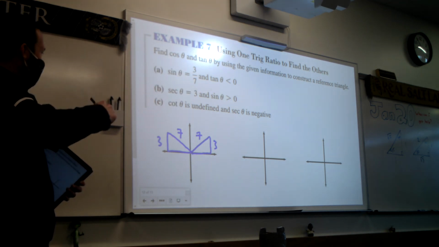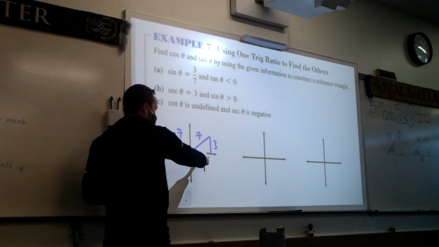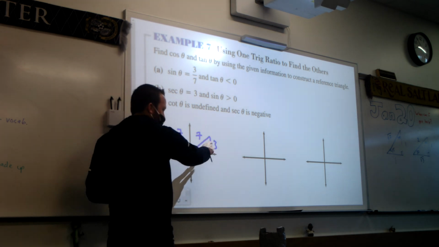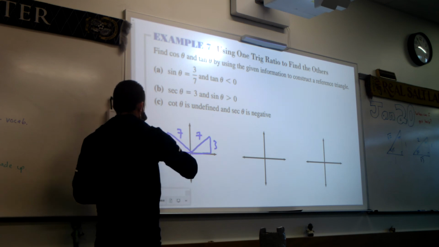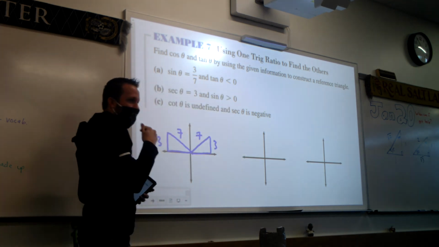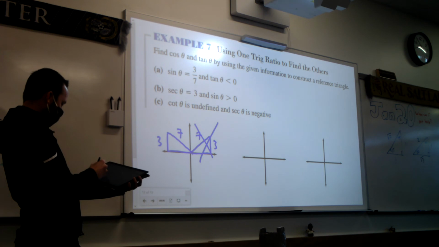Opposite over adjacent, which, if I did opposite over adjacent here, am I going to be positive or negative? You'd be positive here. Is that what we want? If we came over to this side, so we know that this side is going to be negative, would that make your tangent less than 0? Yes. So that means I'm not using this one. I'm going to use this side because I know it'll be negative.